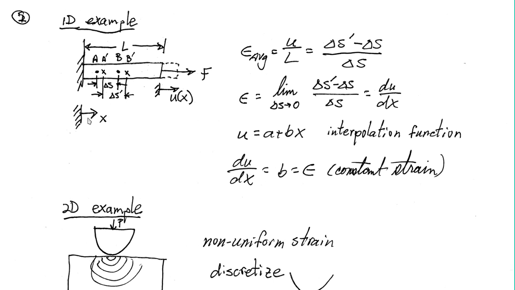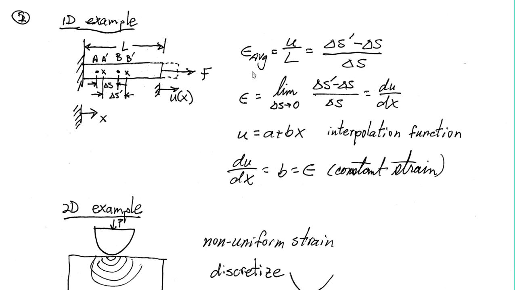I've got a coordinate x here. When this is stretched, this point moves to this x at A bar, and this point moves to x at B bar. So the relative change in this element is delta S prime.